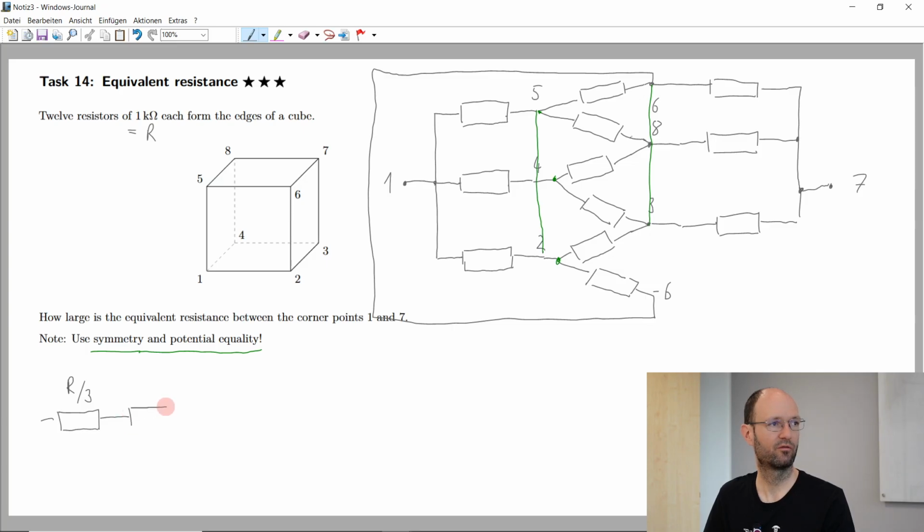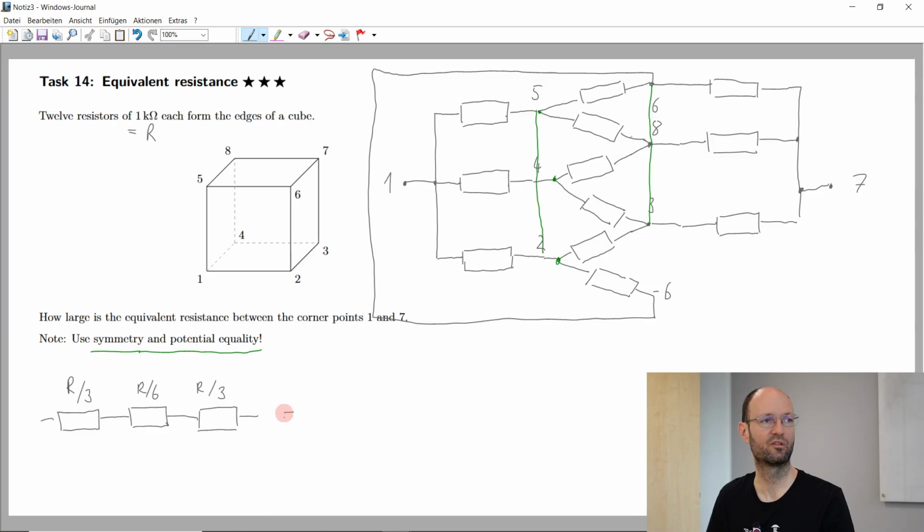So we have R divided by 6, and at the end we have another R divided by 3. So the total resistance is, this is 2 over 6, this is another 2 over 6, so it's 5 over 6.